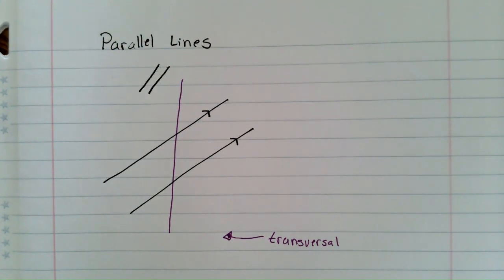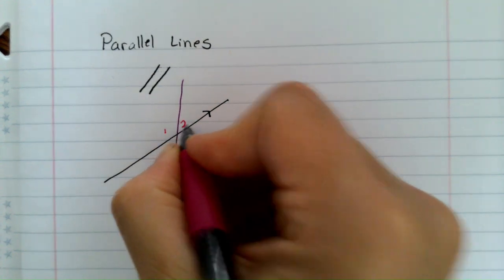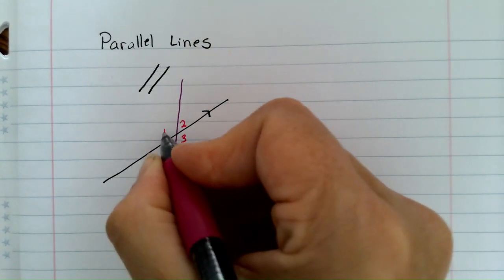Okay, so this is going to cause a lot of information to happen. We have so many relationships that are caught here that it takes a little while to explain them all. So let's just look at, if I number these 1, 2, 3, 4.